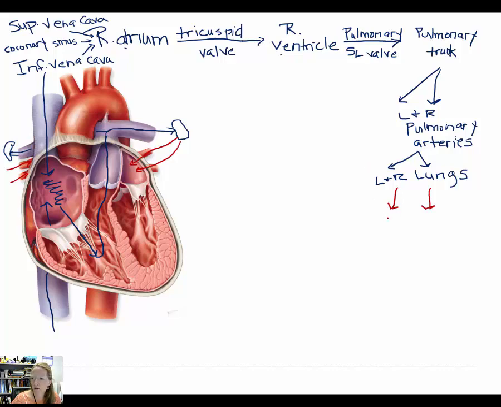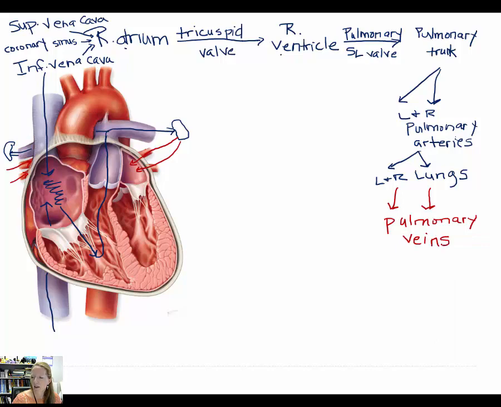So they are coming from the lungs, so pulmonary. And they are bringing blood to the heart. So these are going to be pulmonary veins.